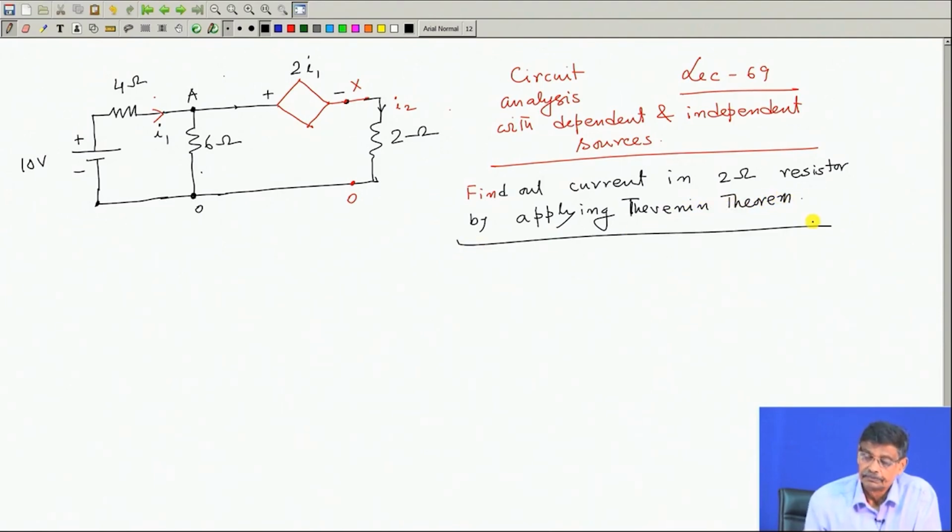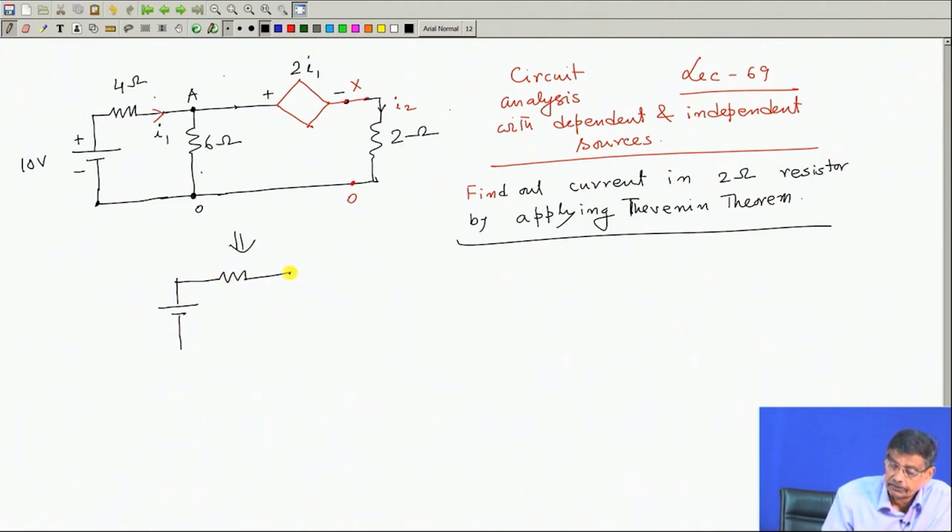Suppose I tell you this. So, what is the first step? As we have done in network analysis with dependent sources alone, you first remove this 2 ohm resistance, and the circuit will look like this now.